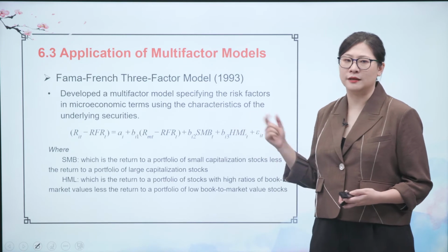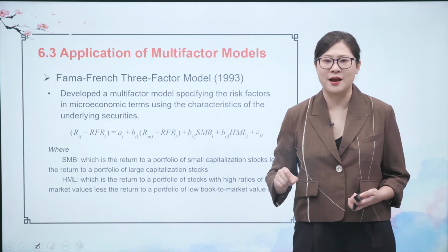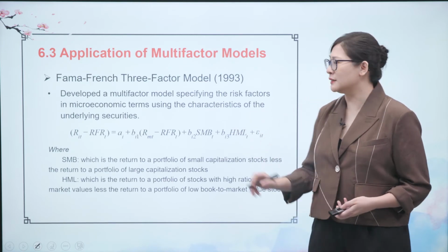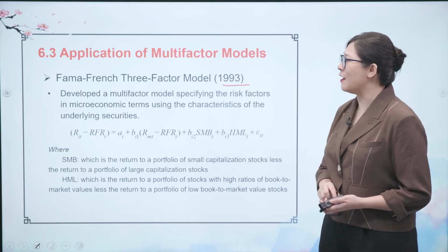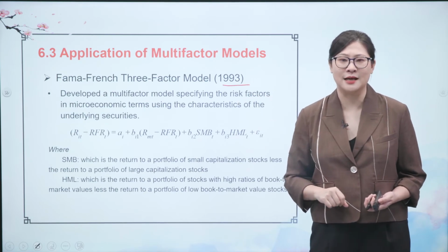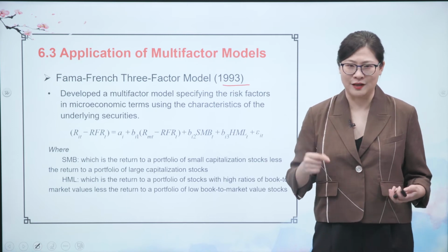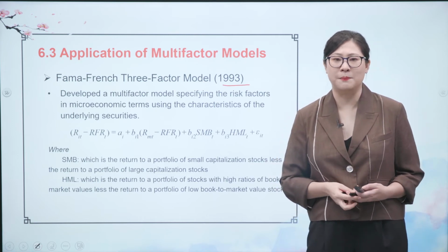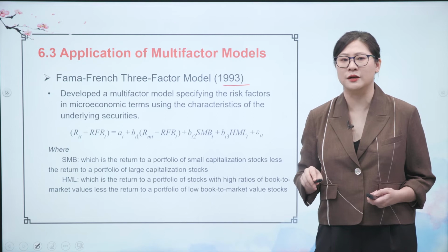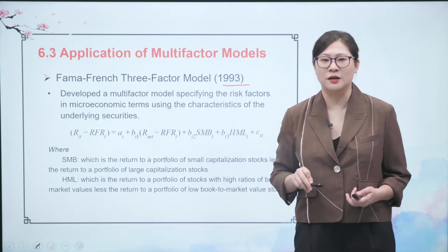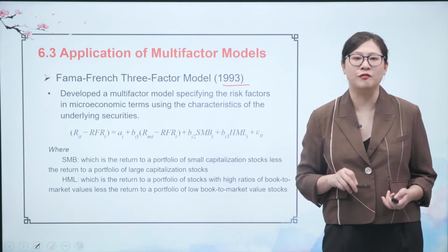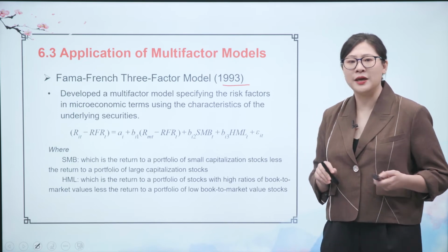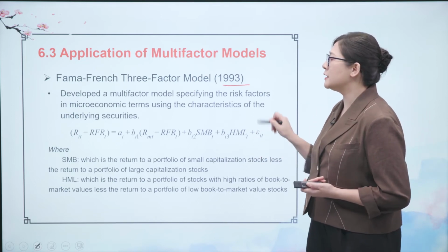So let's have a look. The first one is the Fama-French three-factor model. That was founded by Fama and French in 1993, and it developed a multi-factor model specifying the risk factors in microeconomic terms using the characteristics of underlying securities. So here we can have a look at this equation.